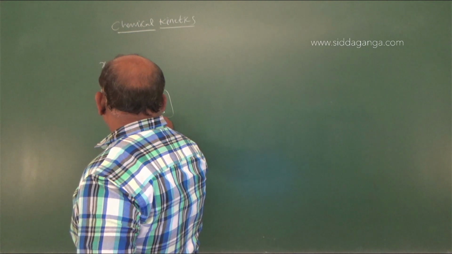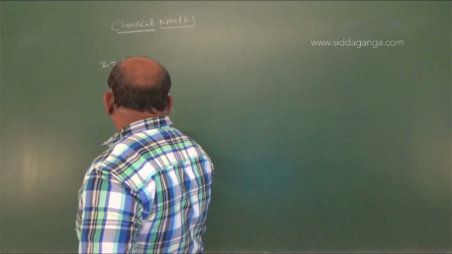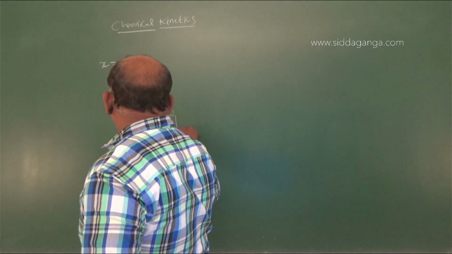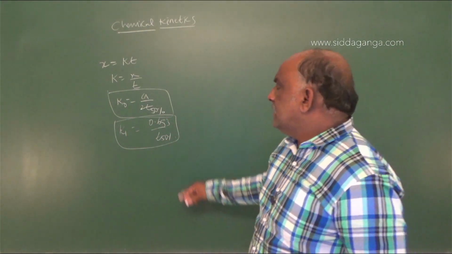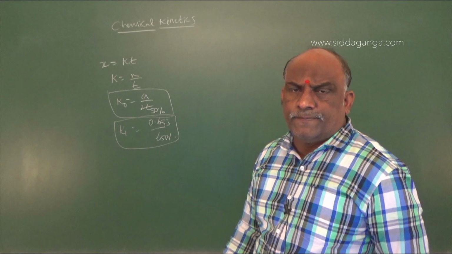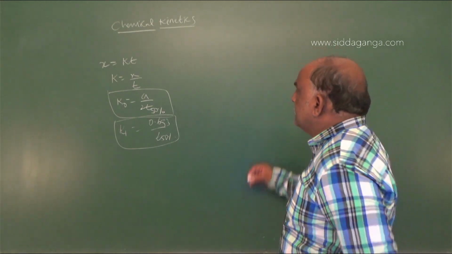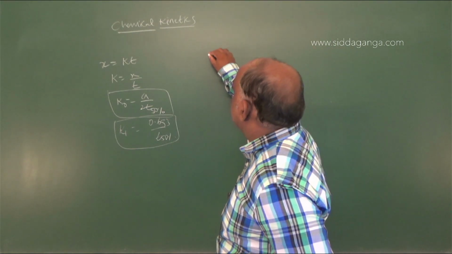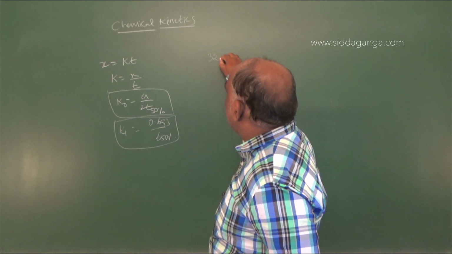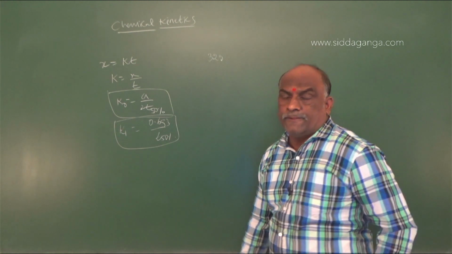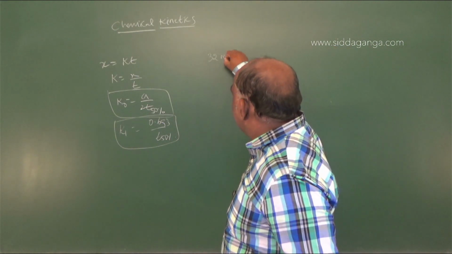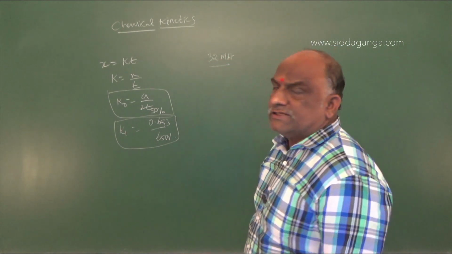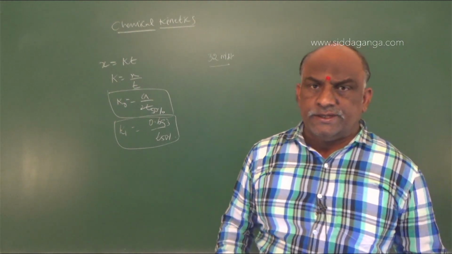K1 is equal to 0.693 by T50, and K0 is equal to A by 2 T50. Suppose the initial concentration of the reactants is 32 moles per liter.